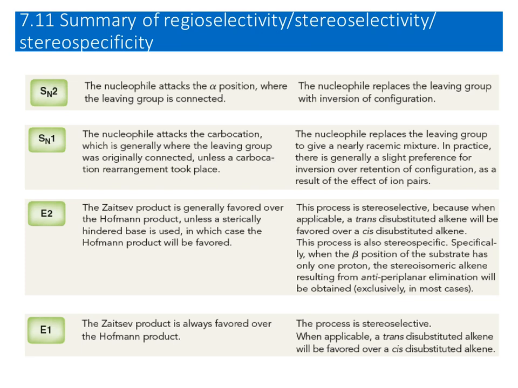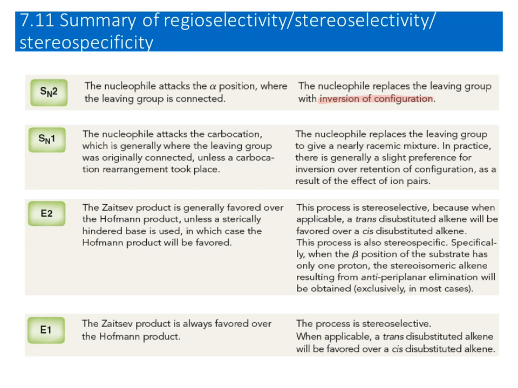So let's review all of these one more time together. So in SN2 mechanism, if you remember, the nucleophile attacks the alpha position and the leaving group leaves. The mechanism is concerted and the product would have inversion of configuration.